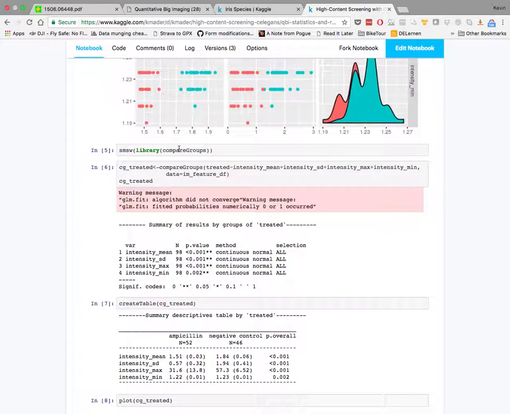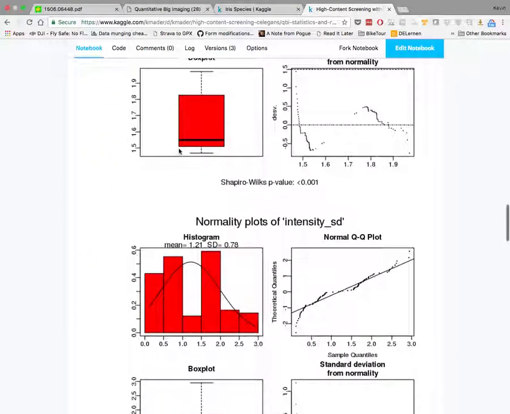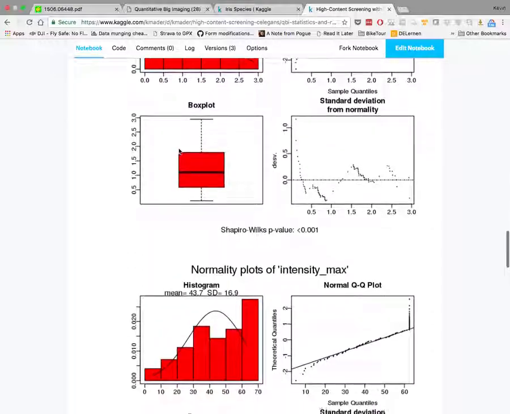And so you can see what groups are statistically significant and what the differences are, and then start to plot the residuals and things that come out of these models.